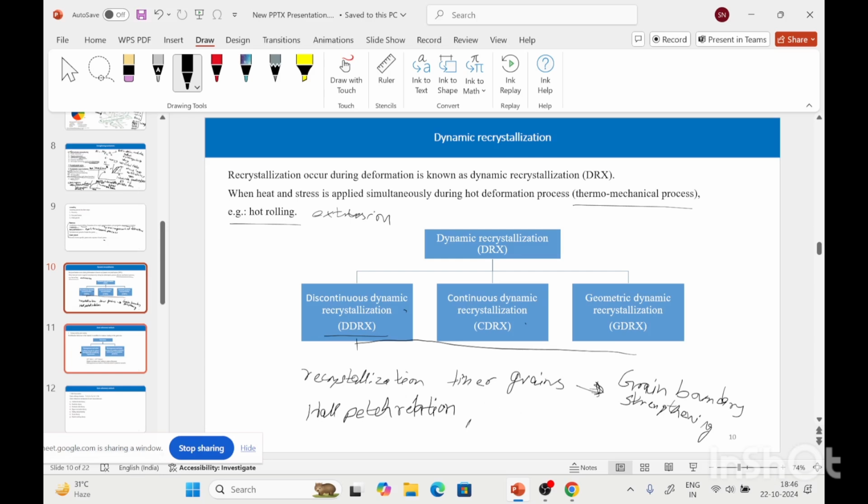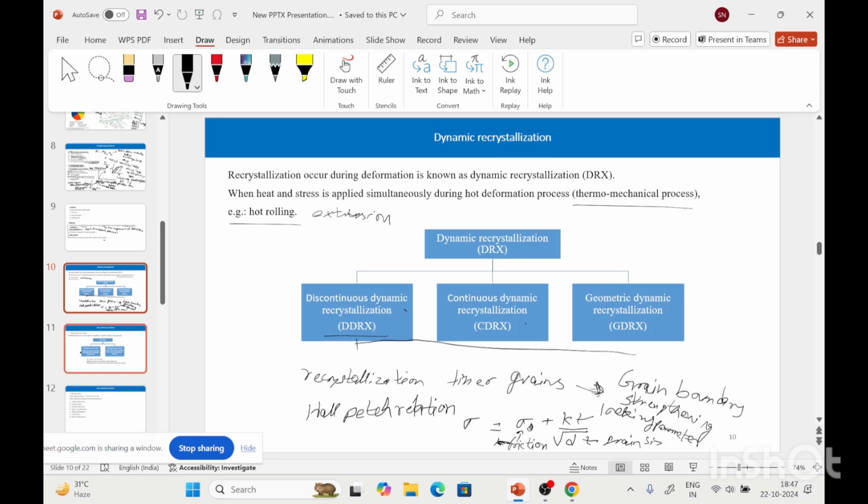The Hall-Petch relation is generally written as sigma equals sigma naught plus k divided by square root of d. So here sigma naught is the lattice frictional stress when no defect is present, k is the locking parameter, and d is grain size.